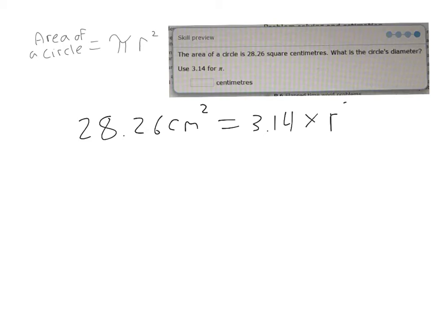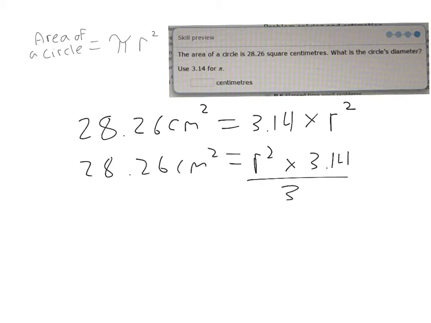Now this is going to be a little bit difficult for some of you because we have not talked about taking square roots. So I'm going to introduce that to you right now. But first let's do our step where I can turn this around. R squared times 3.14 equals 28.26 centimeters squared.